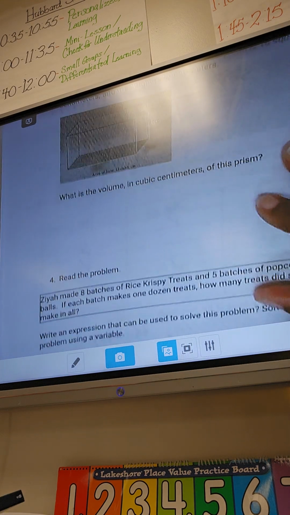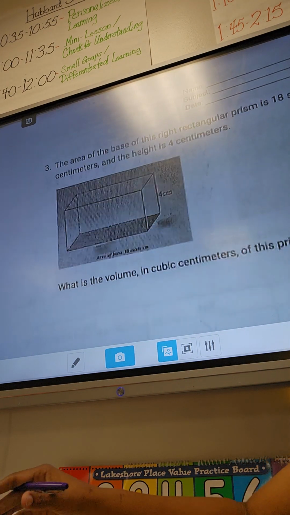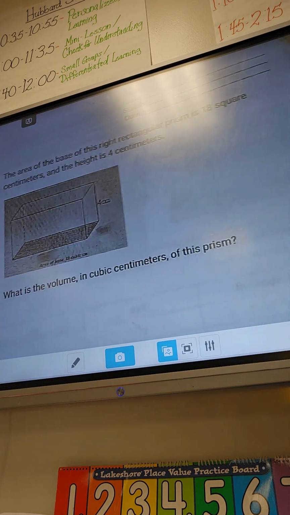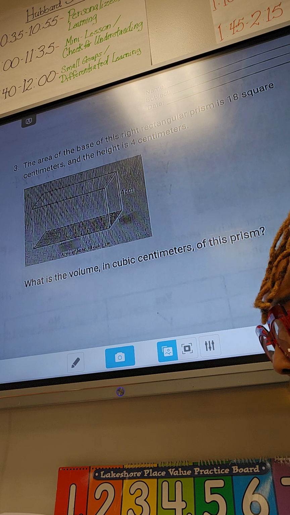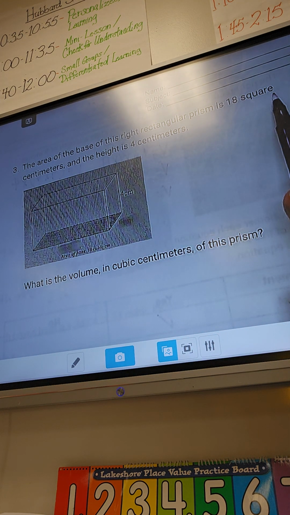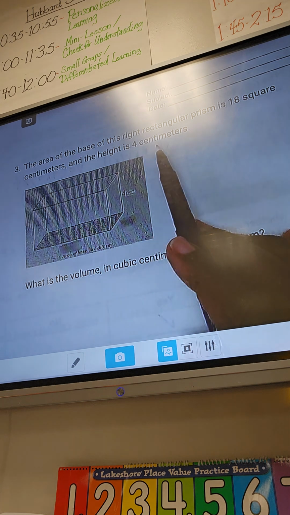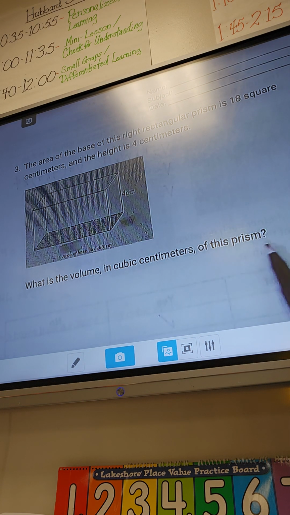Number 3 says, all right, the area of the base of this right rectangular prism is 18 square centimeters, and the height is 14 centimeters. What is the volume in cubic centimeters of this prism?